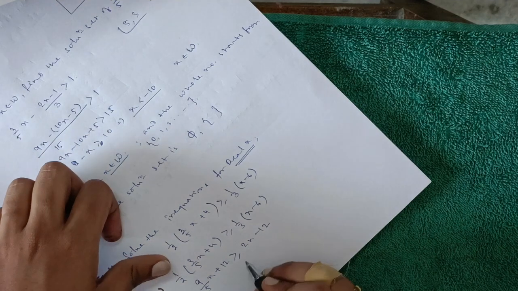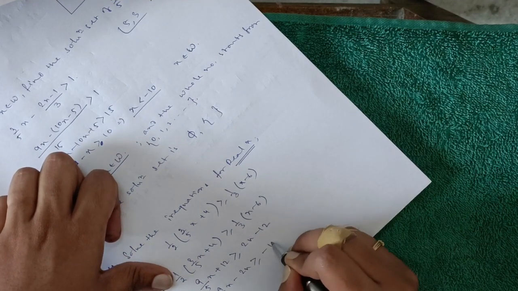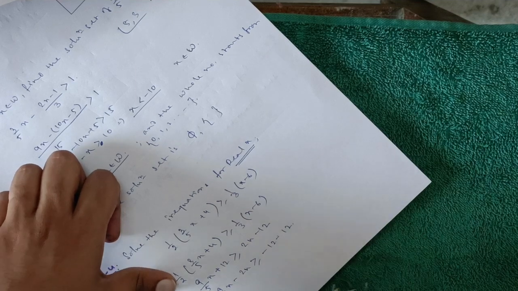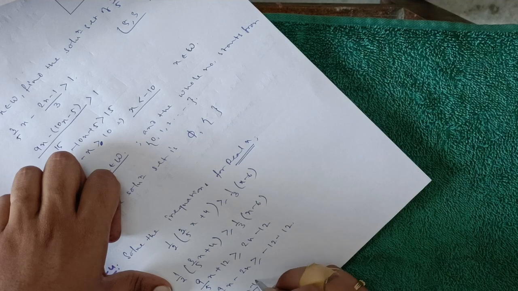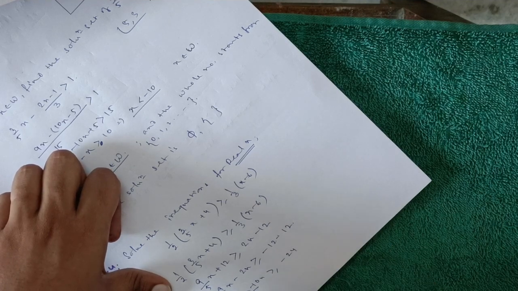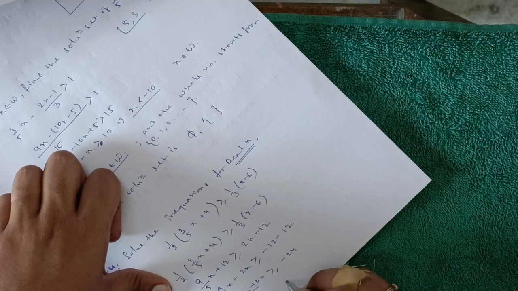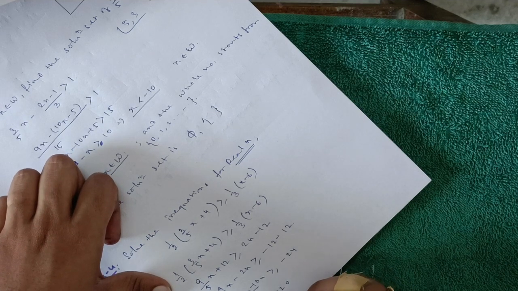Okay, so bring it likewise: 2x minus 12 minus 12, then it will be 9x minus 10x, it will be minus 24, then minus x equals to minus 4, 10, 12, 120.